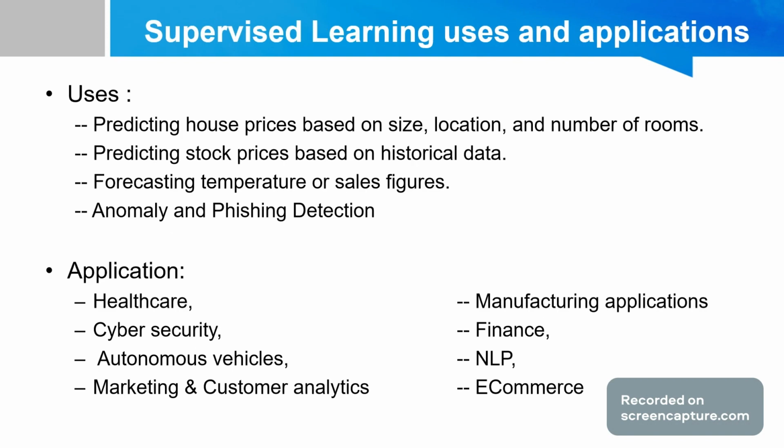And what are the uses and applications of supervised learning? Uses are the prediction of house prices based on the size, location, and number of rooms. Prediction of stock prices from historical data. So here we are predicting the house prices and stock prices based on the previous data that we have, and we are predicting what would be the new price in future, and forecasting the temperature or sales.